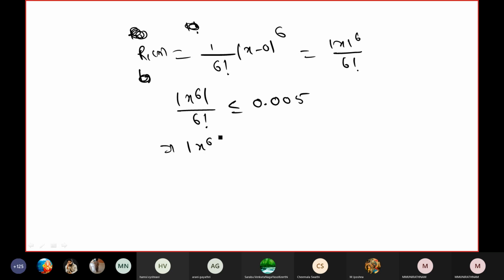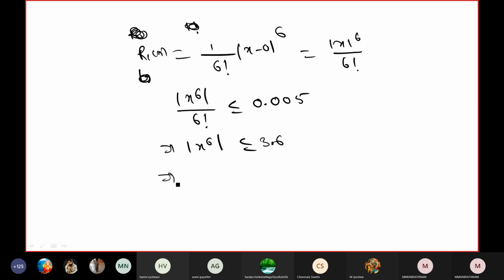How much is this value? Anyone? 0.005 into 6 factorial. Anyone? 3.6, I get. Okay, now.